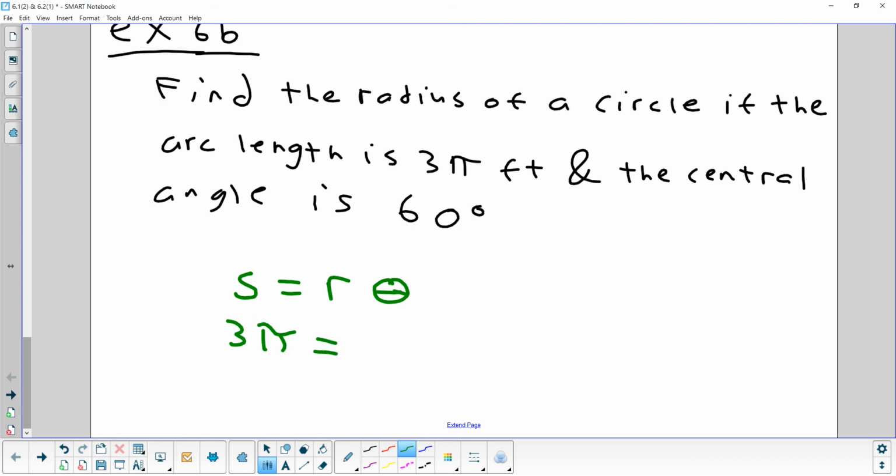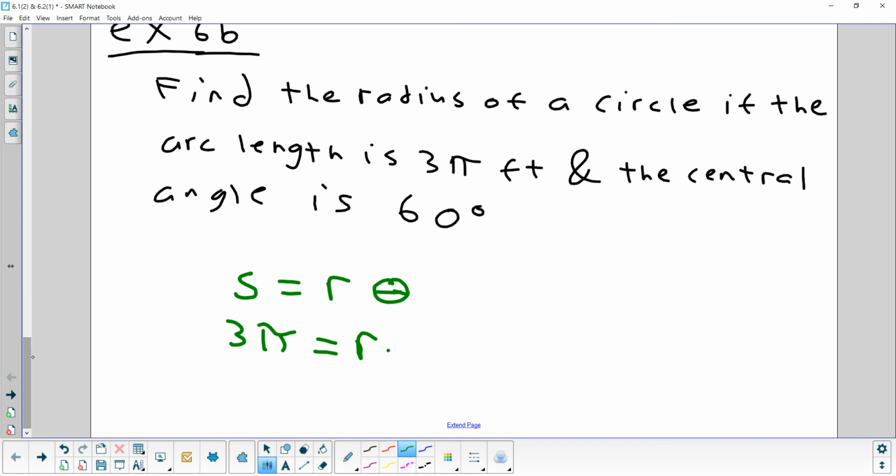Okay, did they give me the radius? No, that's the question. Find the radius. So we don't know that. Did they give me the angle? Okay, but what do I have to be careful about? Yeah. We have to convert it to radians. If you fill in 60, it's going to come out wrong.